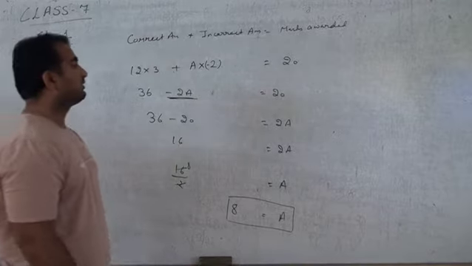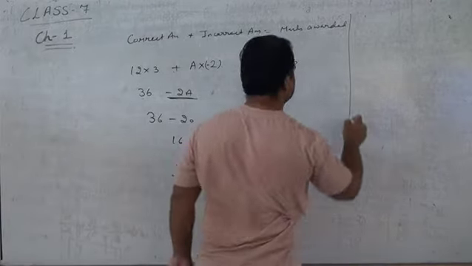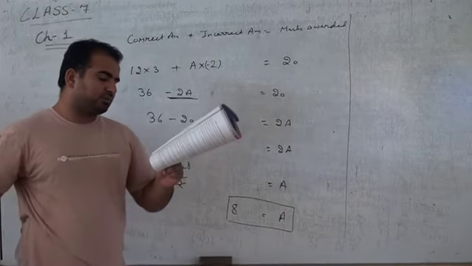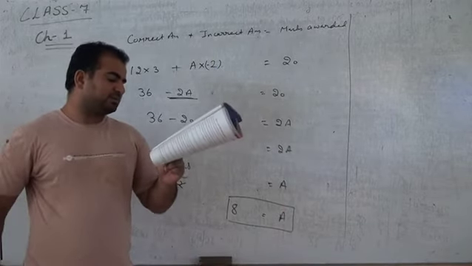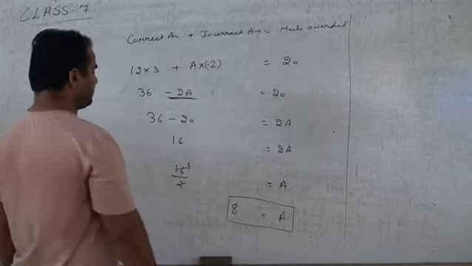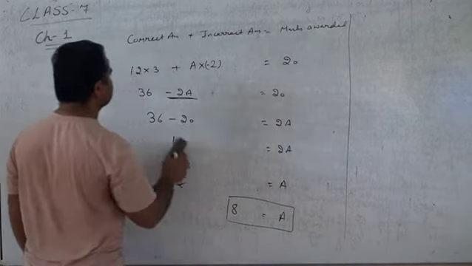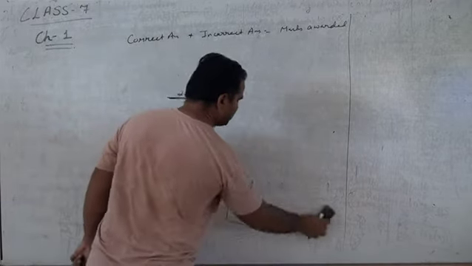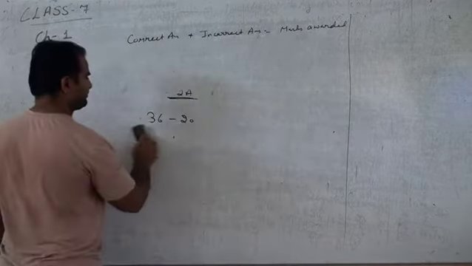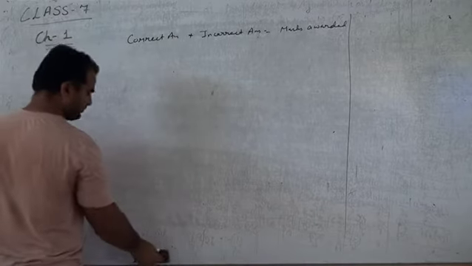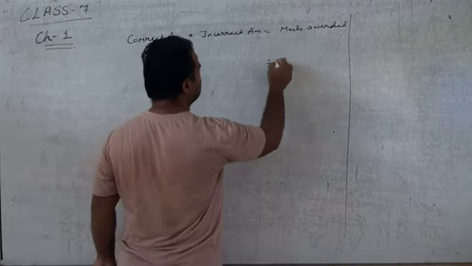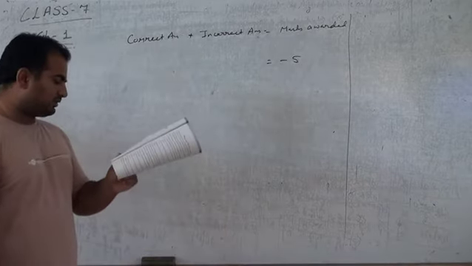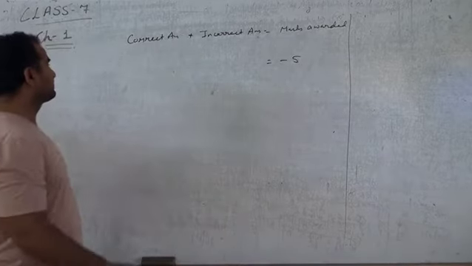What about Mohini? The second question is: Mohini got minus 5 marks in the test. Total marks equals minus 5. She got 7 correct answers.